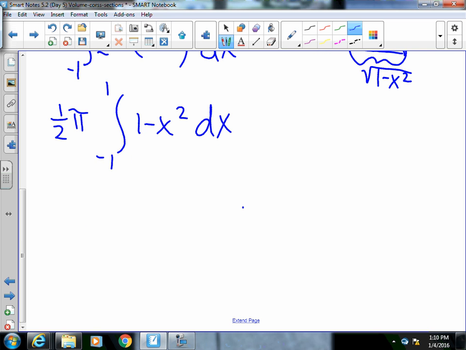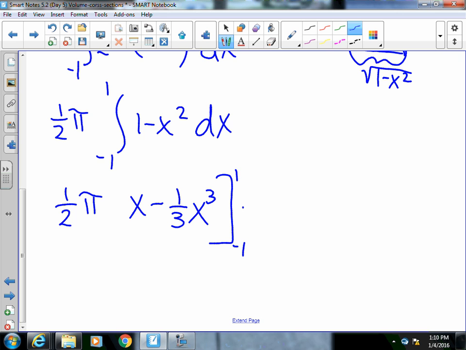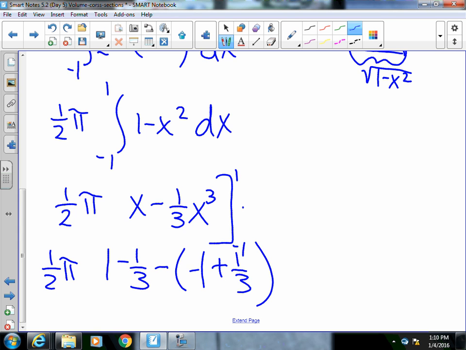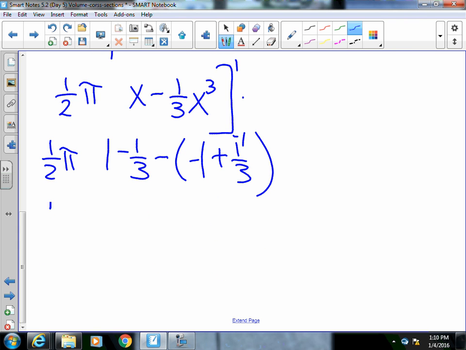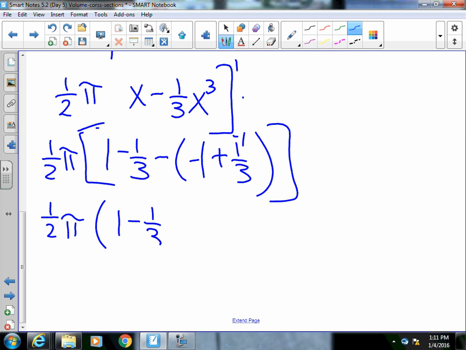So, if I anti-derive that, I get x minus 1/3 x cubed. And this is all from -1 to 1. So, keep my 1/2 pi out front. I'm going to do 1 minus 1/3 minus -1 plus 1/3. That'll all be multiplied by the 1/2 pi out front. 1 minus 1/3 plus 1 minus 1/3.